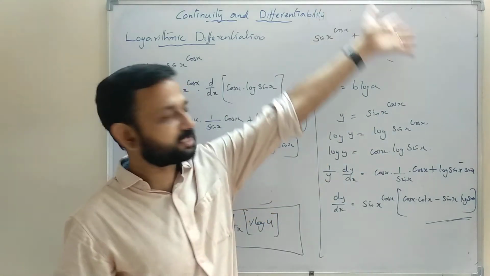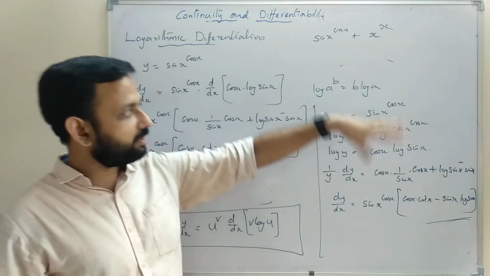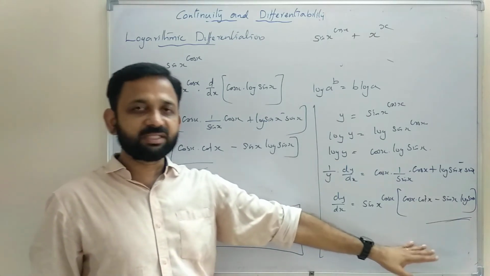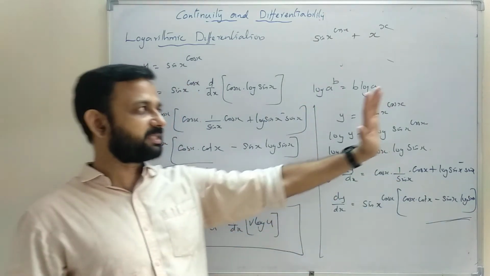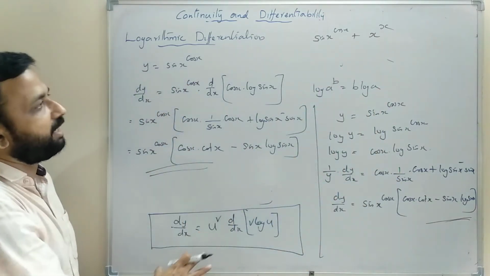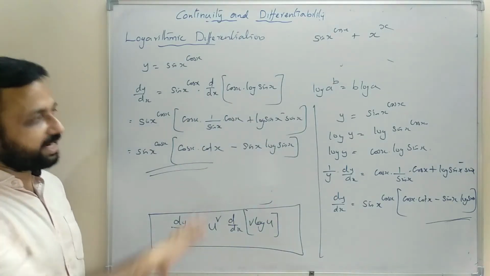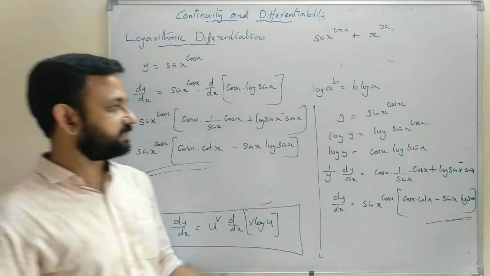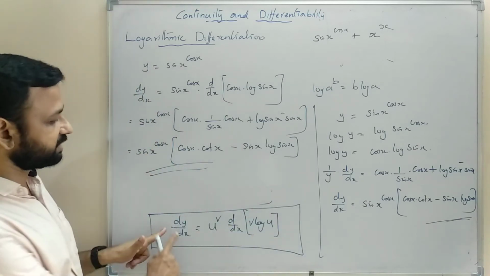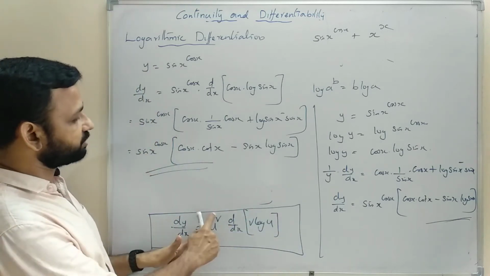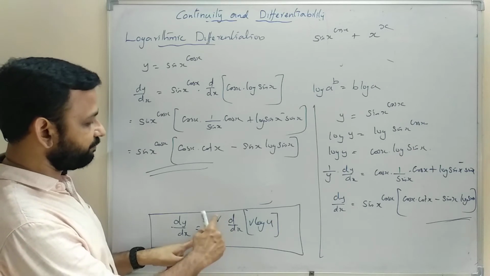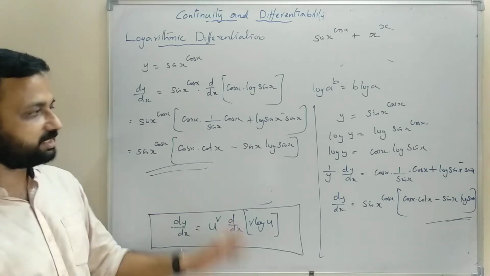Then we take the other expression, again take logarithm on both sides, and get another answer, then their sum. So that is one method. Or if we are using the formula, there is no need to write all the steps, we can avoid some steps. So dy by dx is equal to u raised to v into d by dx of v log u. So that is the formula.